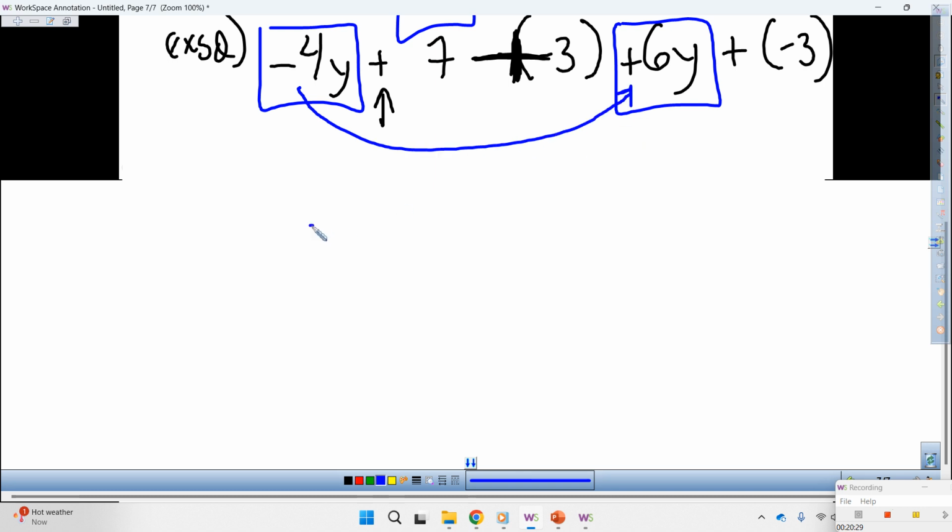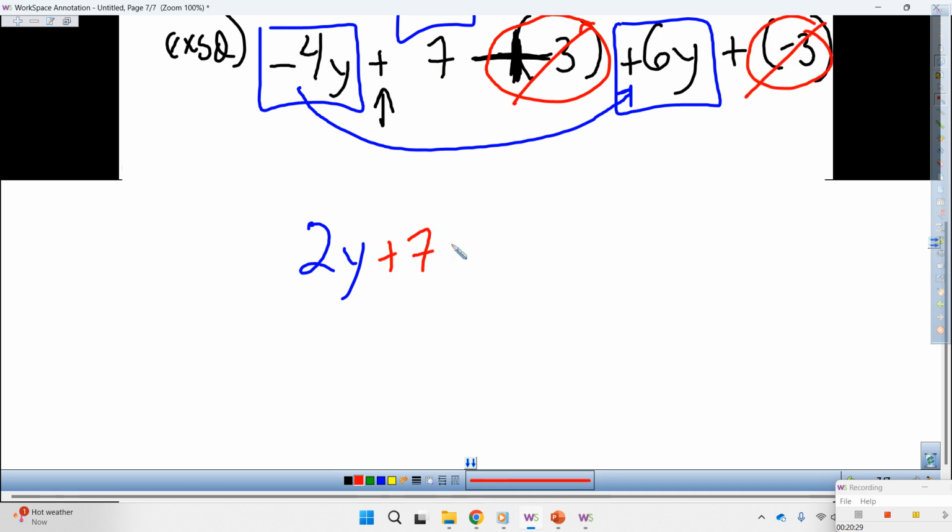Yes, and that leaves us with 2 positive y's. All right, next. Do we have any zero pairs, guys, or any opposite numbers? Yeah, positive 3 and negative 3, they cancel, and that leaves us with plus 7. And have you got that? Okay.